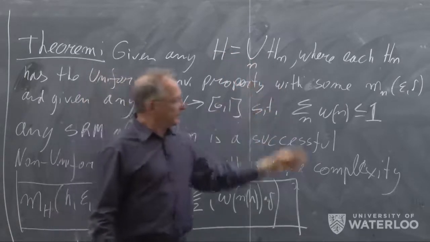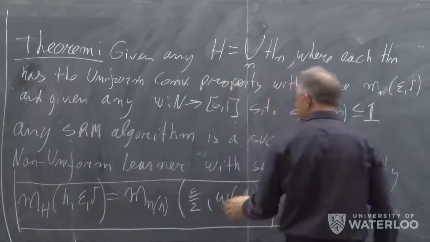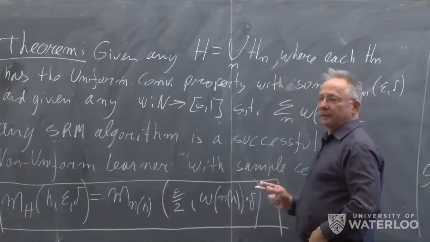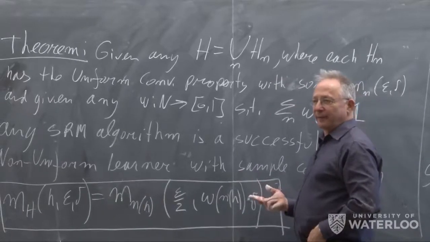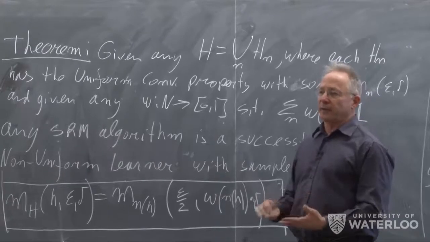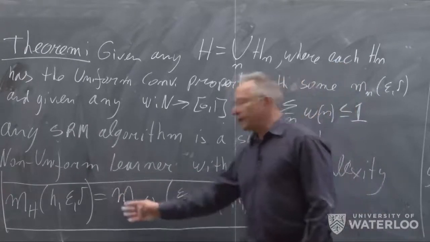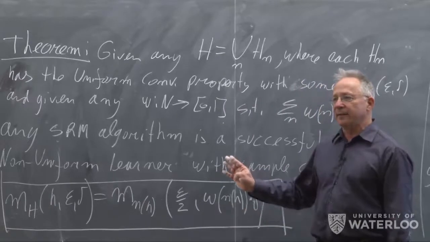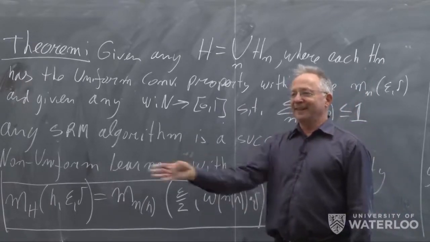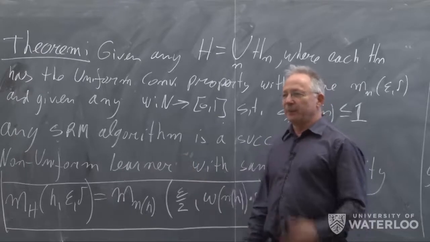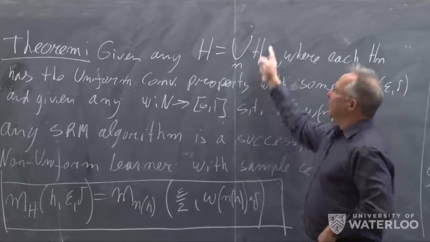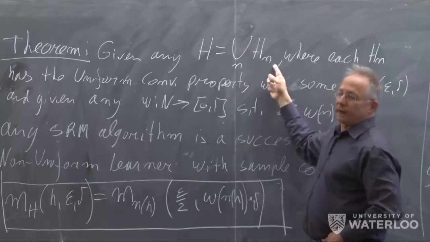The problem is that your required sample size may be more than having to see all of the points in the domain. If it's a finite domain, this kind of non-uniform learnability becomes vacuous, because it just says there is a sample size that will suffice. The sample size will be: see all the points. Then you can learn. So it becomes really interesting when the domain is infinite. And when the domain is infinite, I cannot present all functions in such a union.